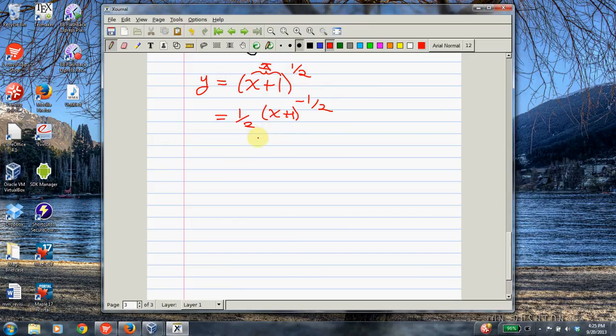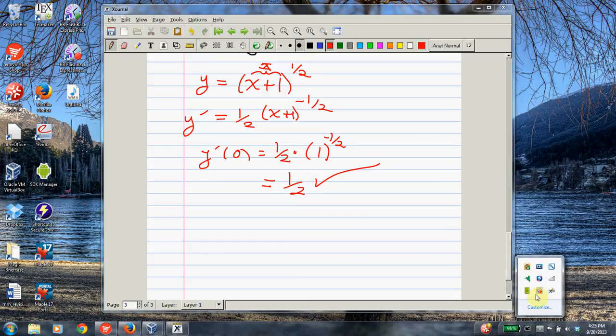What are we supposed to do at this point? We want to plug in 0, right? Because this is y prime. So what is y prime of 0? It's 1/2 times 1 to the minus 1/2, and 1 to any power is 1, so this is just 1/2. Alright, so it agrees. Same answer both ways, looks good. Problem is done.